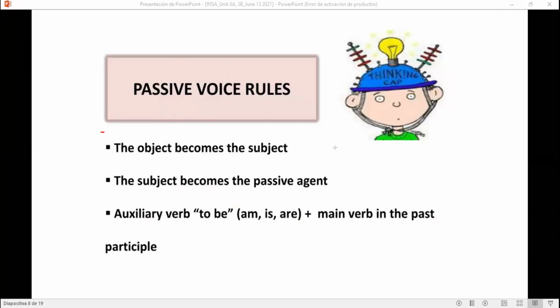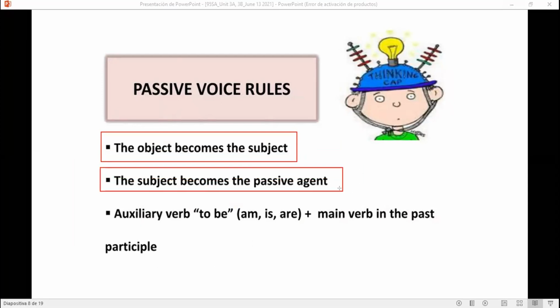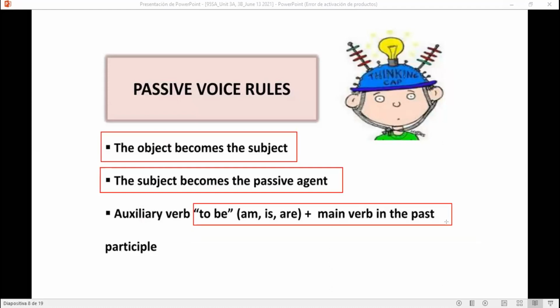Pasa de objeto a ser sujeto. Miren. Es todo un cambio, ¿no es cierto? El complemento se vuelve el sujeto y lo que antes era el sujeto ahora se vuelve el complemento o el agente pasivo, ¿no? And we also are going to need the verb to be plus the other verb in past participle. ¿Sí? Nos vamos a valer del verbo to be y del otro verbo en pasado participio.